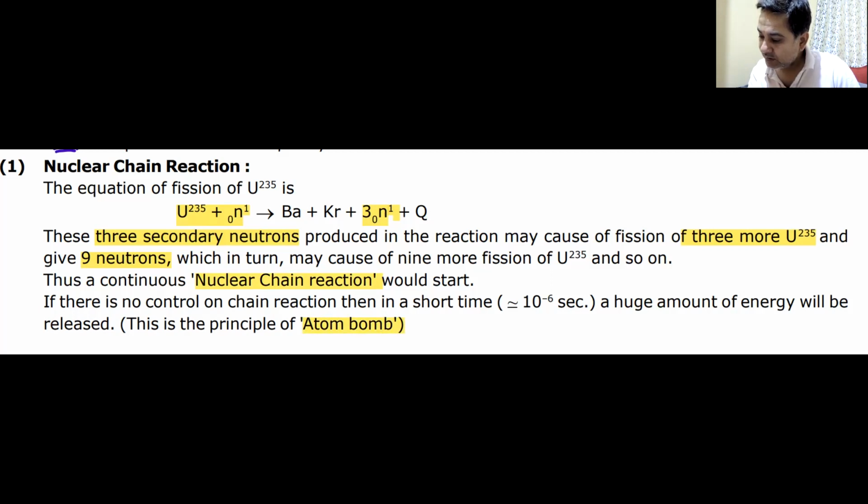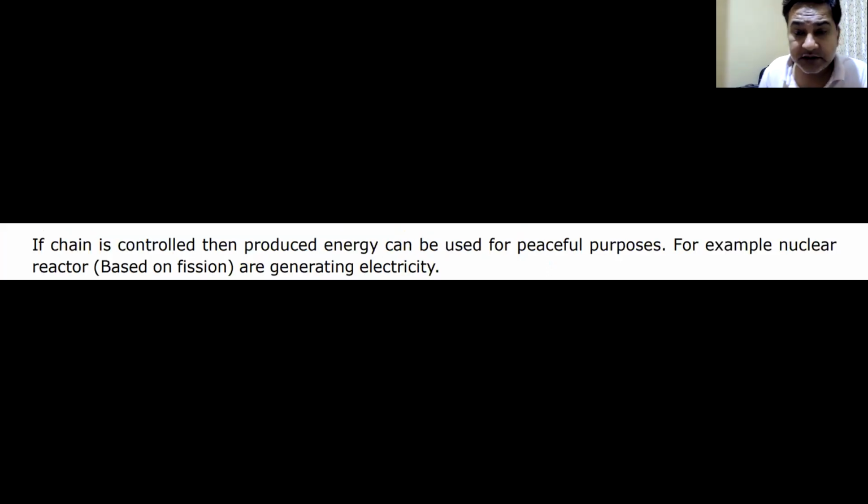Yes, sir. And that is the problem with nuclear energy. If you can't control it, if the control goes away, then you have a blast, whether it's in Chernobyl, I remember, I don't remember other names, but there have been nuclear blasts in nuclear reactors. These nuclear reactors are doing this chain reaction in a controlled manner. We'll also see this controlled manner in a nuclear reactor.